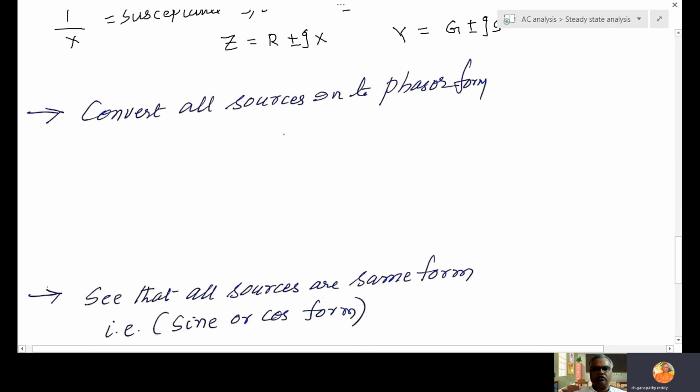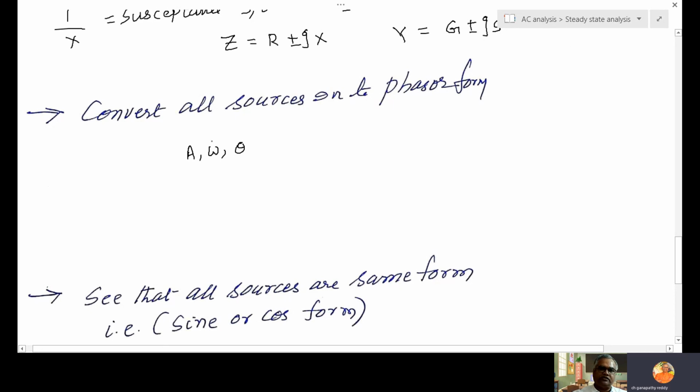Next, convert all sources into phasor. Why are we converting all sources into phasor form? Signal is characterized with amplitude, frequency, phase.